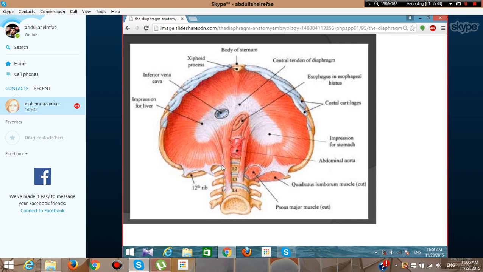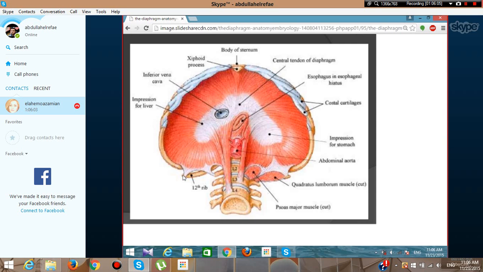So again, from body of L2 to transverse process of L2, from transverse process of L2 to 12th rib. Do you see these are some fibers which are coming from muscles? Some ligaments. They're called medial and lateral arcuate ligament.